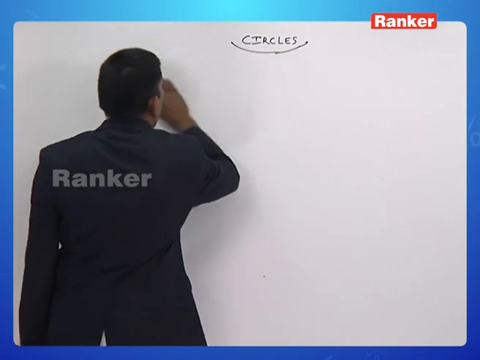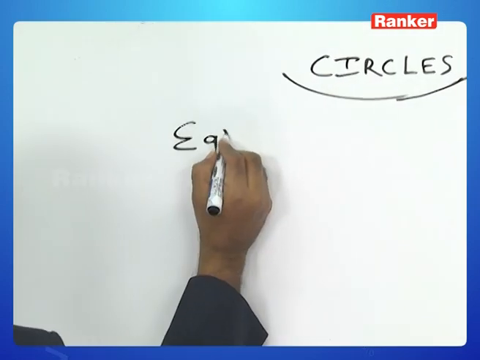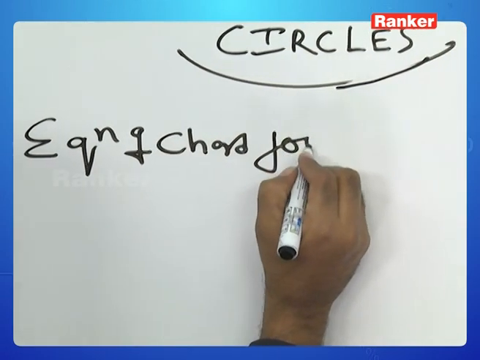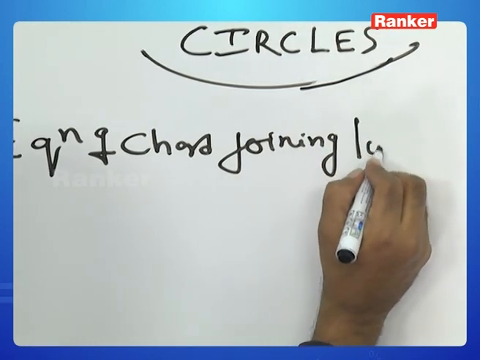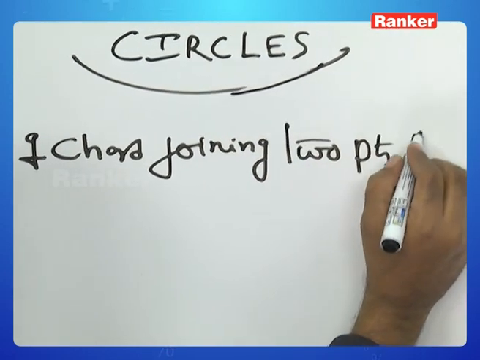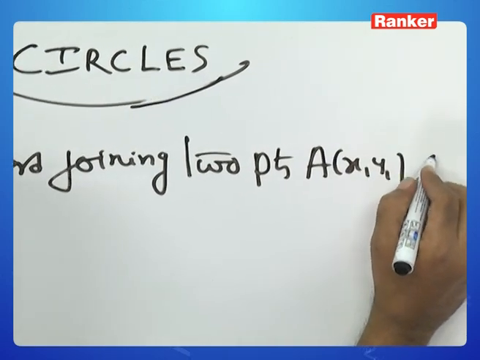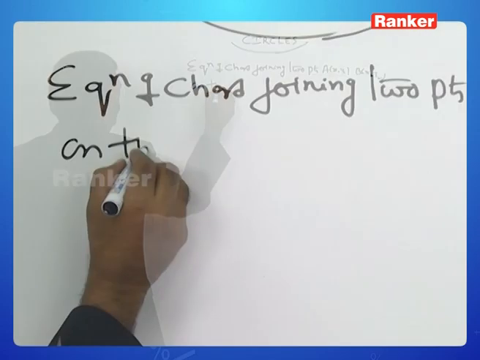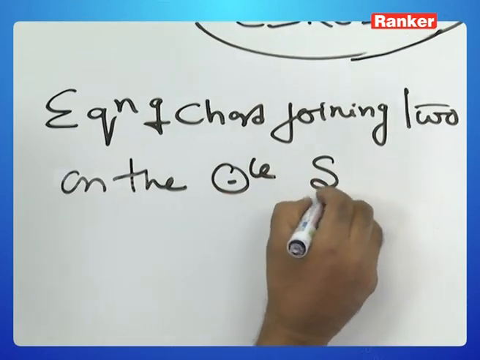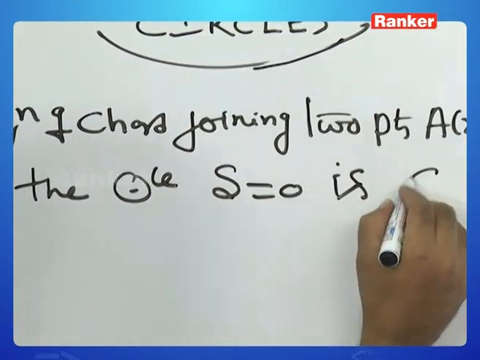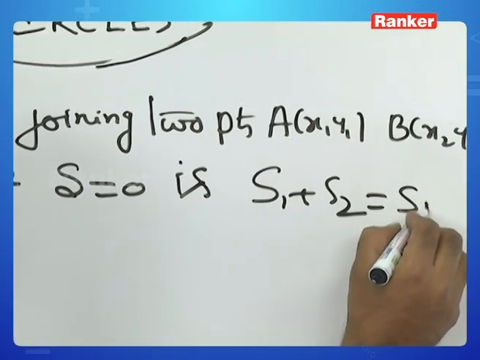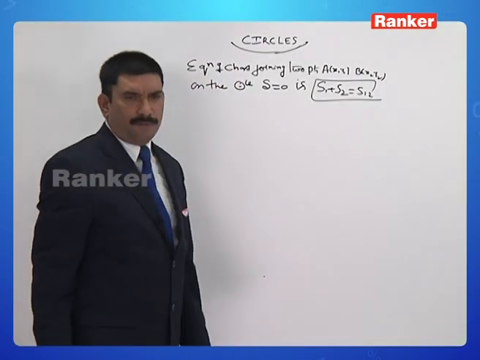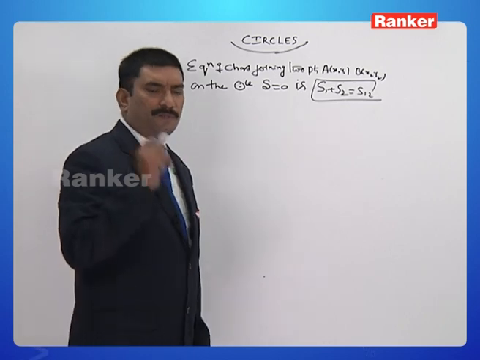The equation of the chord joining 2 points A of x1 comma y1, B of x2 comma y2 on the circle S is equal to 0 is S1 plus S2 is equal to S12.